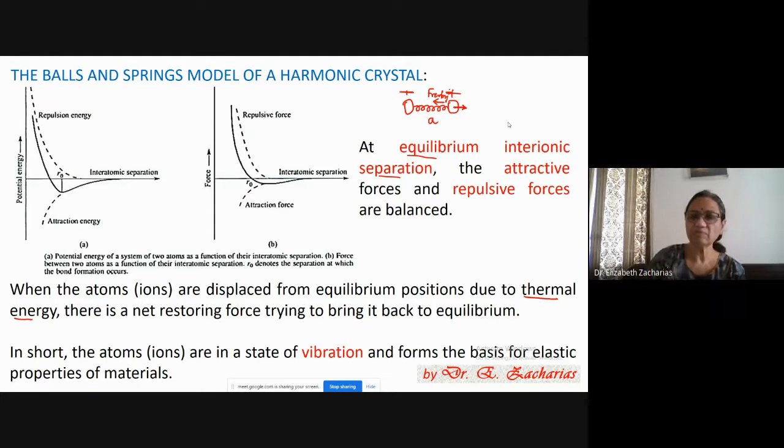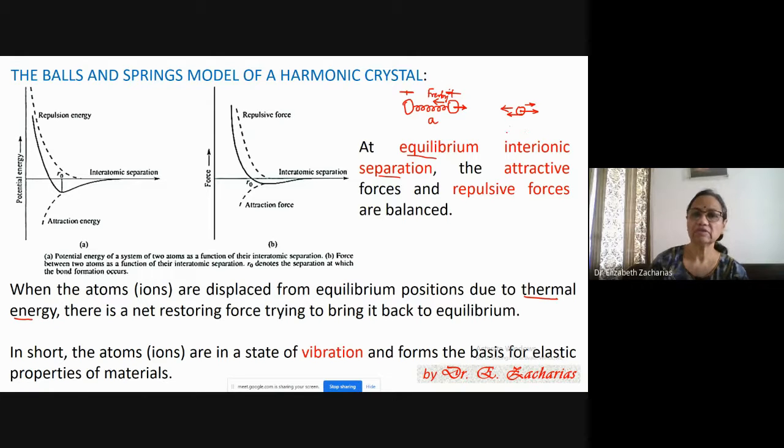Then, of course, because of thermal energy, what happens is, let's just take only one lattice point. Because of thermal energy, they want to dance around their position. So when they go like this, the restoring force is trying to bring it back like this. And it gets back also. But because of inertia, it overshoots and now starts moving in this direction. When it moves in this direction, the restoring force acts in the opposite direction and tries to bring it back.